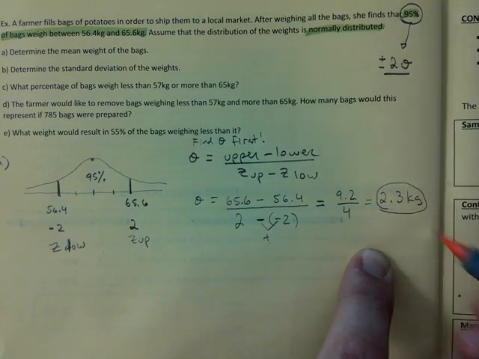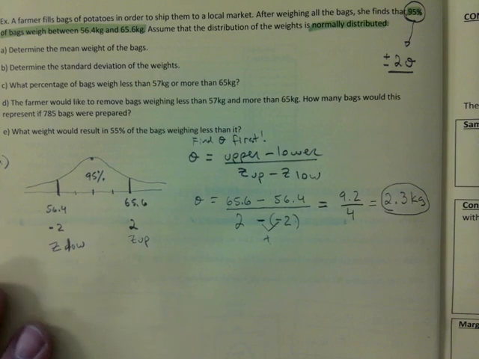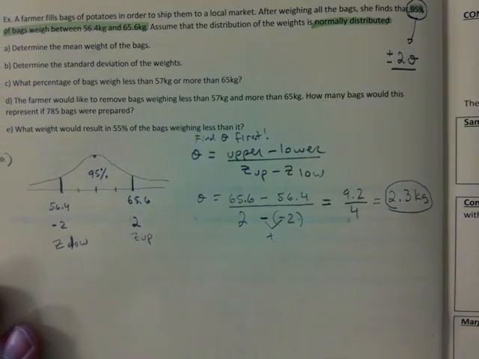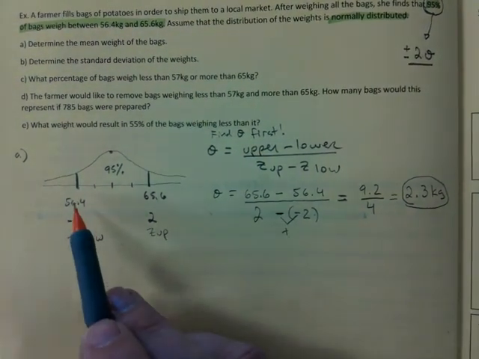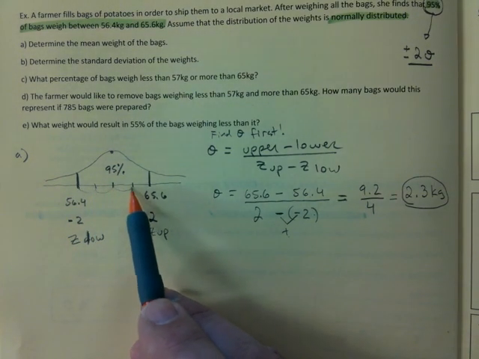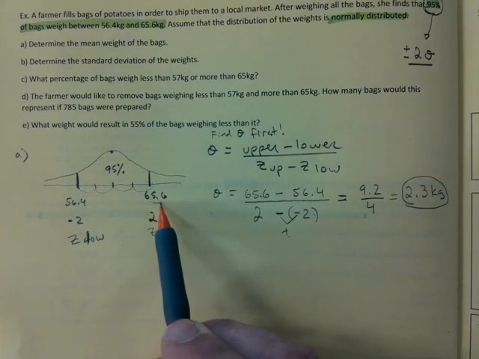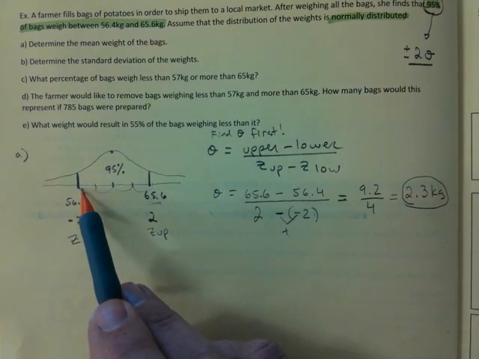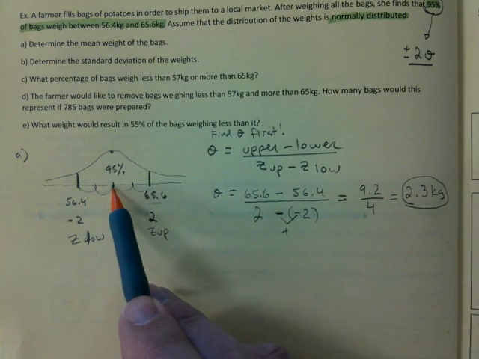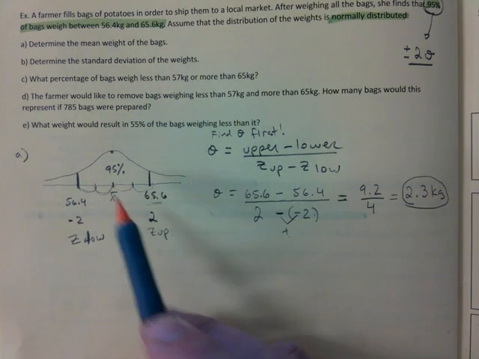That is my standard deviation, 2.3. If you were to start here and keep adding 2.3, 2.3, 2.3, 2.3, you will get to 65.6, which stands to reason. If you just add 2 standard deviations, we get to the average here.